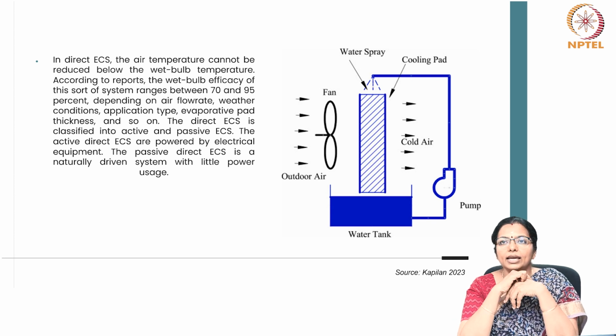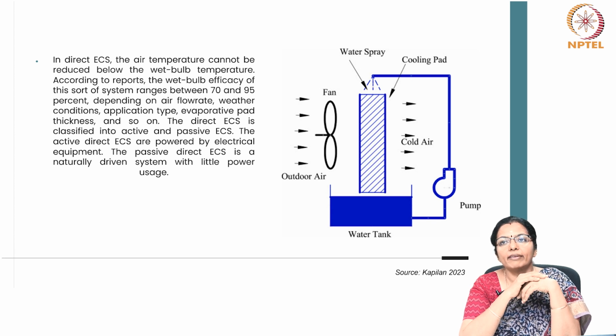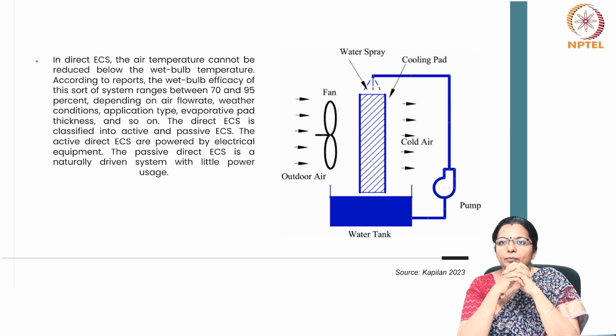Now, in direct ECS, the air temperature cannot be reduced below the wet bulb temperature. According to certain studies, the wet bulb efficacy of this kind of system ranges between 70 to 95% depending on airflow rate, weather conditions, application type, evaporative pad thickness, and some other factors.